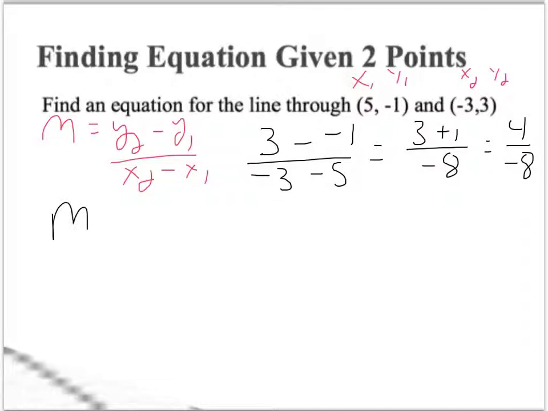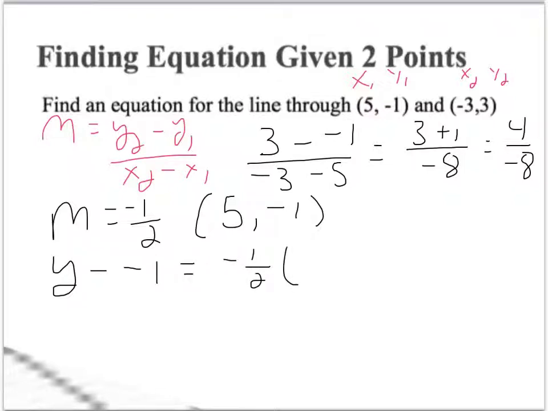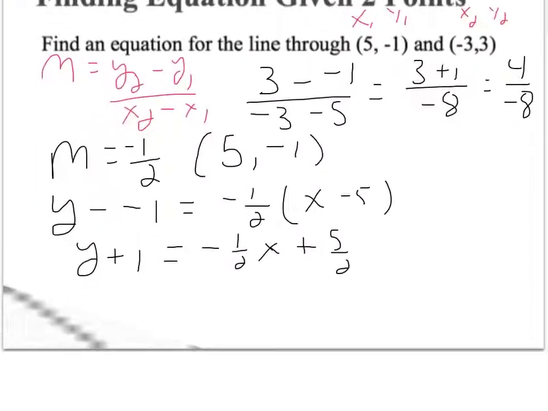So my slope is negative 1/2. I'm going to take my negative 1/2 and any one of the 2 points that I have. In this case, I'm going to take 5 and negative 1. I'm going to plug it into the equation y minus negative 1 equals the slope times x minus 5. So then I get y plus 1 equals negative 1/2 x plus 5 halves.